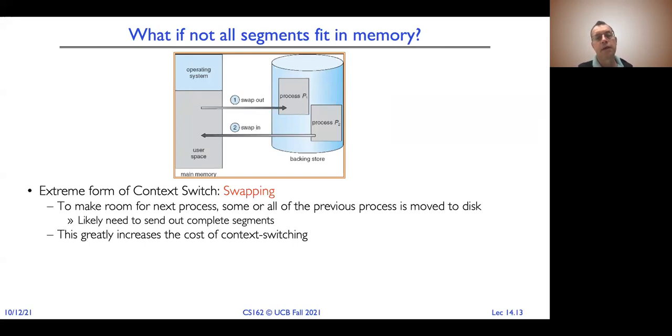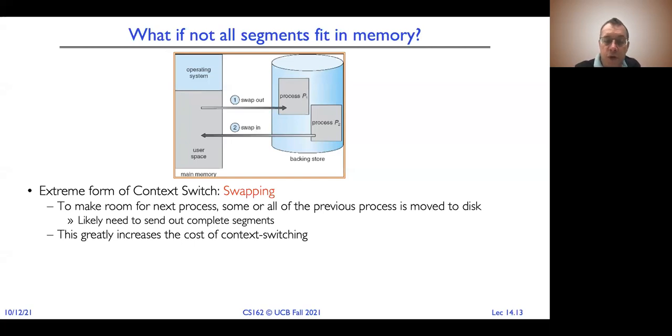Say, when we switch from process P1 to P2, we can save the segments of process P1 on the disk to make room for the segments of process P2 to be brought into memory.